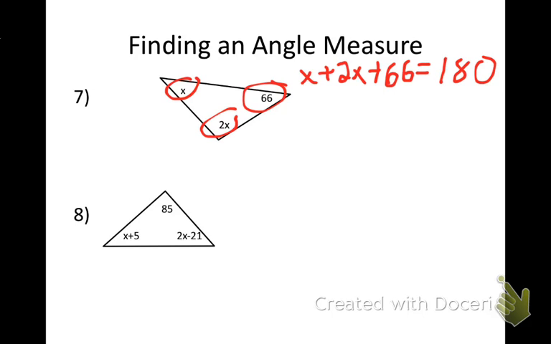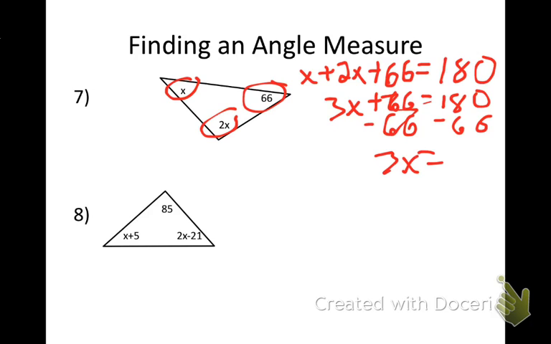And now I'm just going to solve for x. X plus 2x is 3x. So I have 3x plus 66 equals 180. Subtract 66 from both sides. I get 3x equals 114. Divide by 3 now.